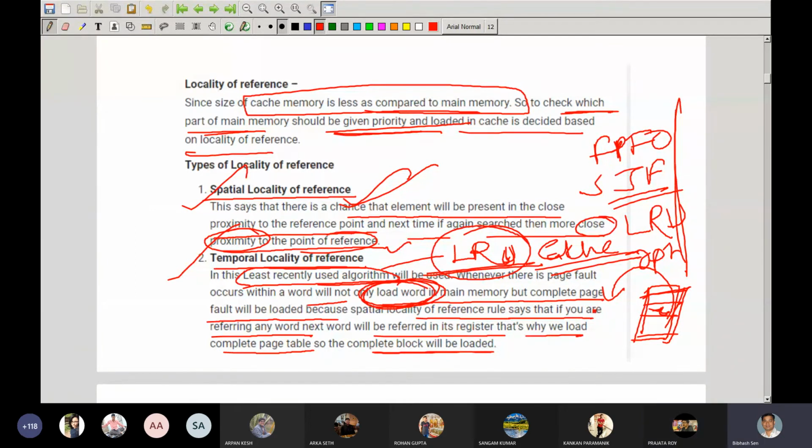It may happen that in the complete page only one piece of data was required, not the others. Are you getting my point? But still the complete page will be loaded. Can you tell me why the complete page?